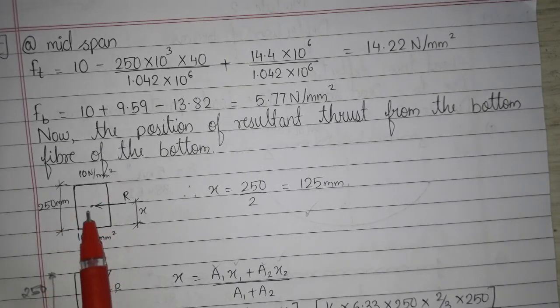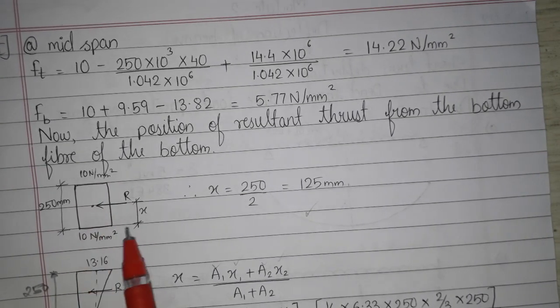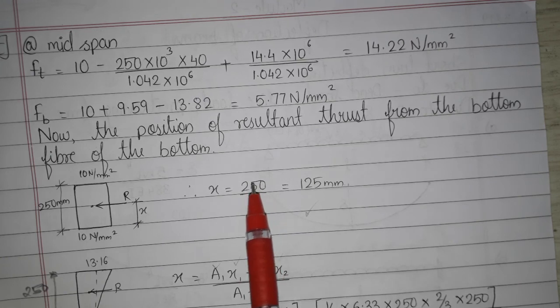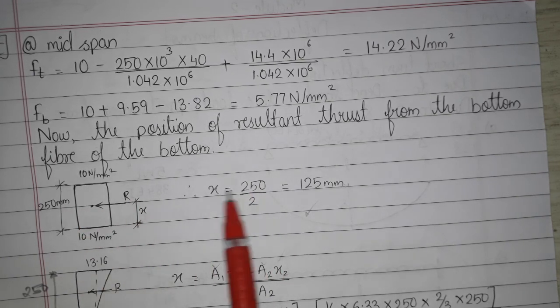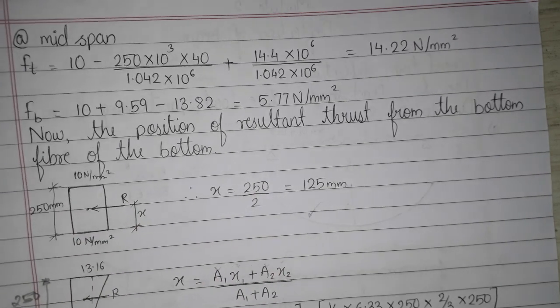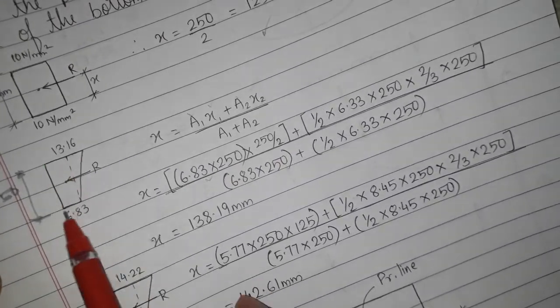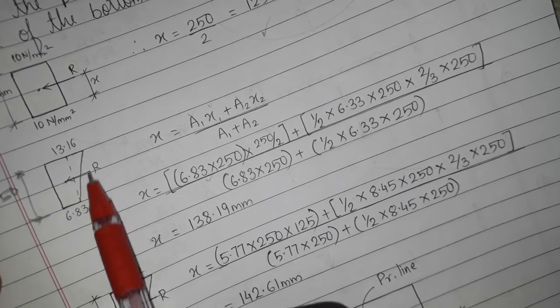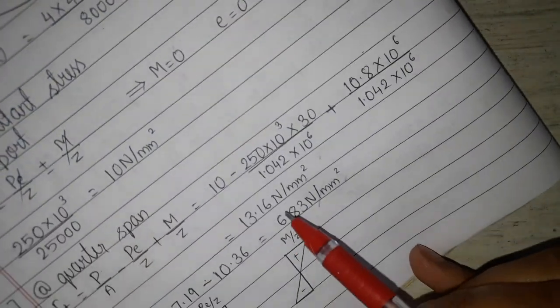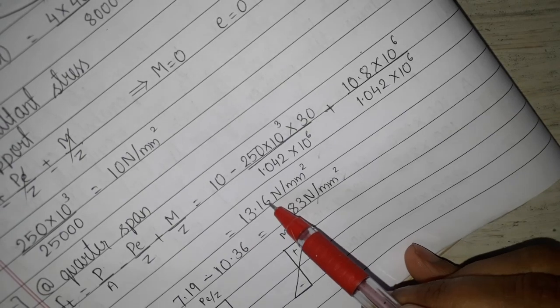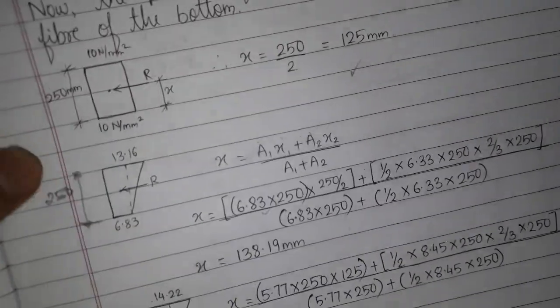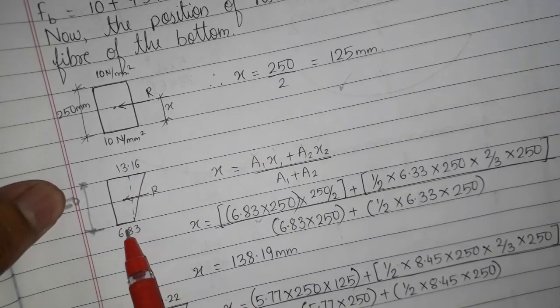With respect to that you find the location of the pressure. From the bottom, since it is rectangular, x is equal to D by 2. Next, for quarter span we have the stress distribution diagram. Here we have got the top fiber as 13.6 and the bottom fiber as 6.83, so you draw that.